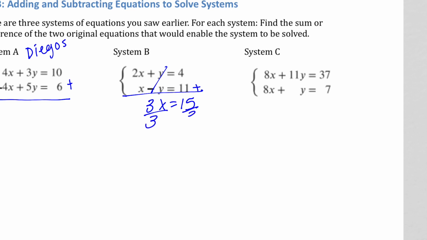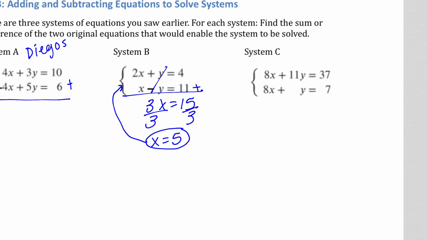So x equals 5. Then what do I do? What did Diego do next once he found a variable? He used substitution. So we take our x equals 5 and we plug it into one of our original equations.